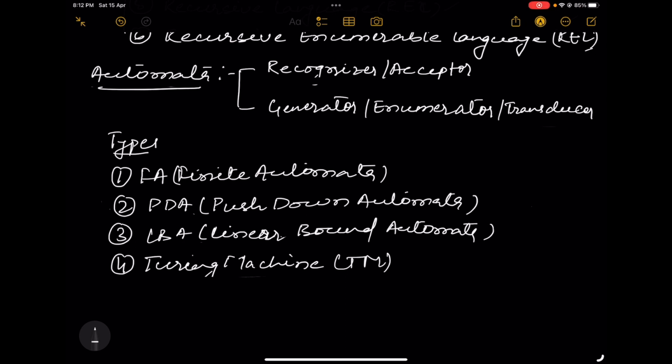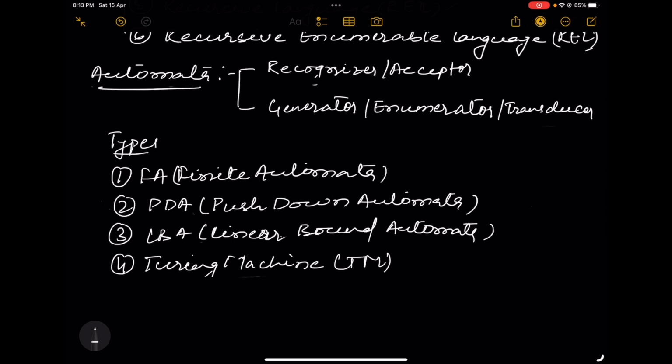On the basis of that input, what you have coded and what instructions you have given, the computer will do some operations, and either it will give a boolean result, saying we have accepted the input, or simply generate some output on the basis of the input provided.